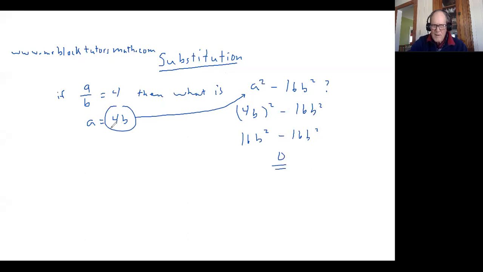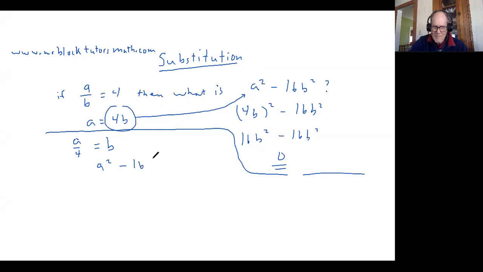What if we would have gone about it a different way? And what if we would have solved instead for b? Like brought the b over here and divided the 4 out, then b would equal a over 4. And now we'll take a over 4 and plug it into a squared minus 16b squared.